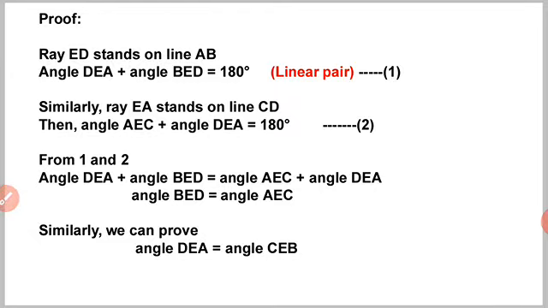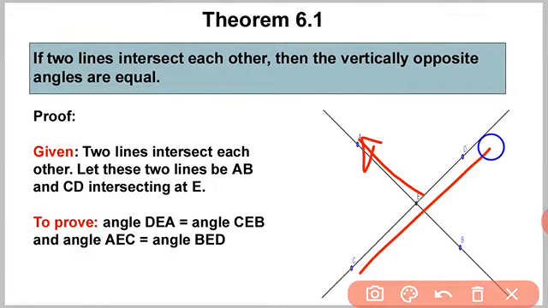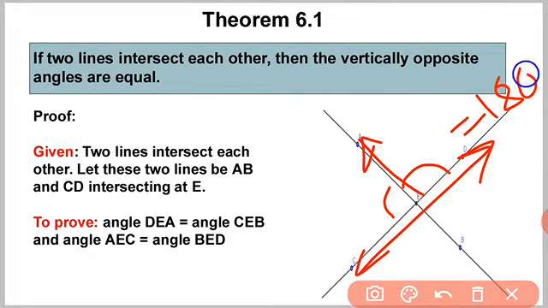Angle DEA plus angle BED will be equal to 180 degrees. Similarly, we can see ray EA stands on line CD, so angle CEA plus angle DEA will be equal to 180 degrees.